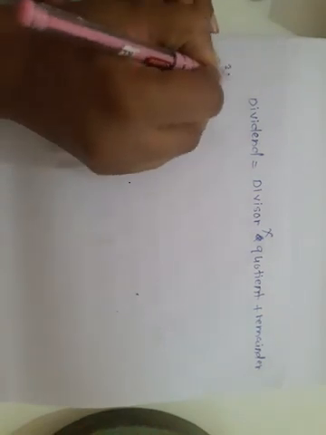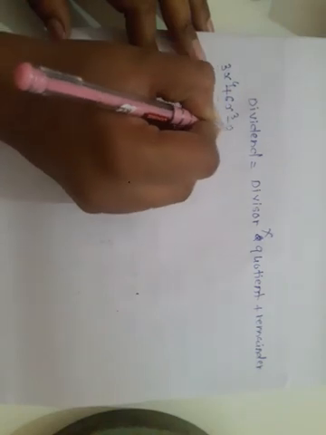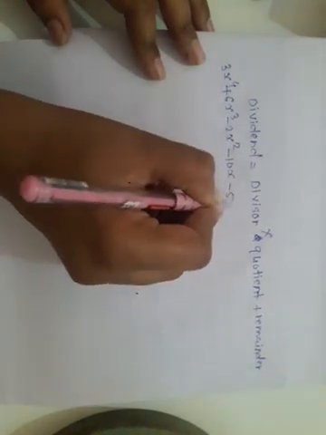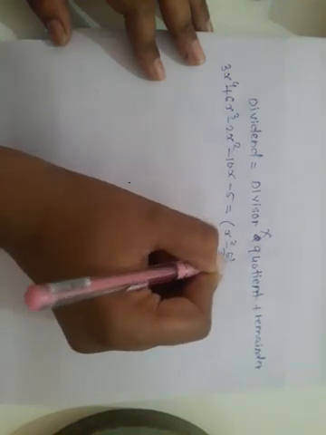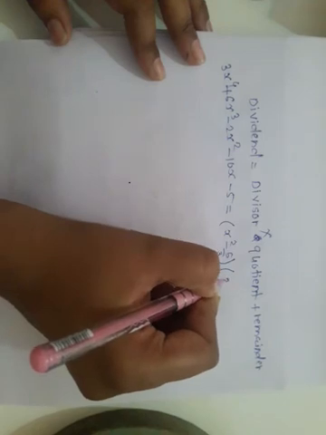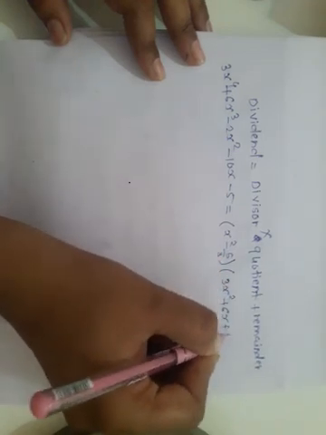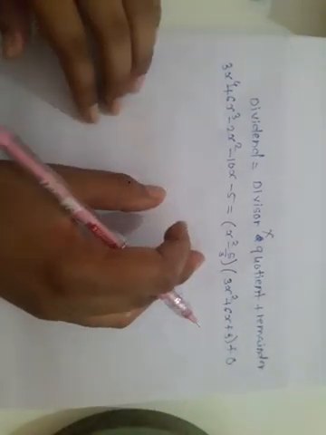Dividend is 3x raised to 4 plus 6x cube minus 2x square minus 10x minus 5, which is equal to divisor x square minus 5 upon 3 into quotient 3x square plus 6x plus 3 and remainder 0. Now we have to find out all other zeros.